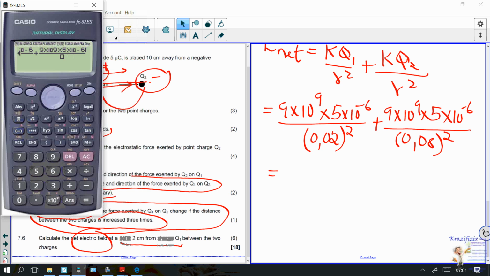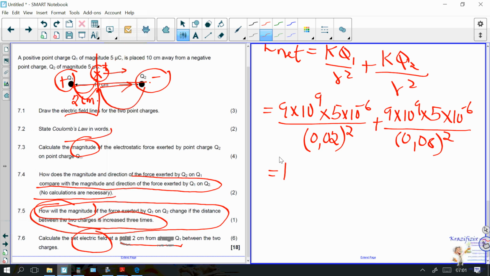So the difference actually is the distance between them squared. And your answer is 119531250. All right. Just write down the answer like that. 11953.